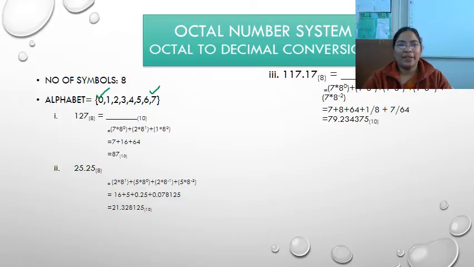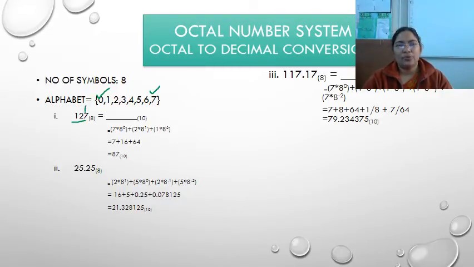128 cannot be an octal number because 8 is there. 8 is not a symbol in the octal system. Okay? So now 127, it is an octal number. If you want to find the equivalent decimal number, it is a similar way of conversion as binary to decimal.